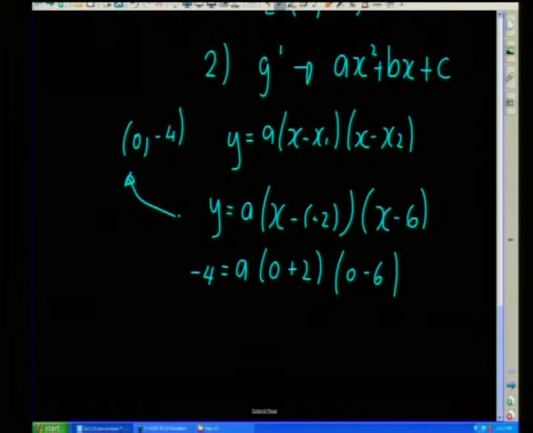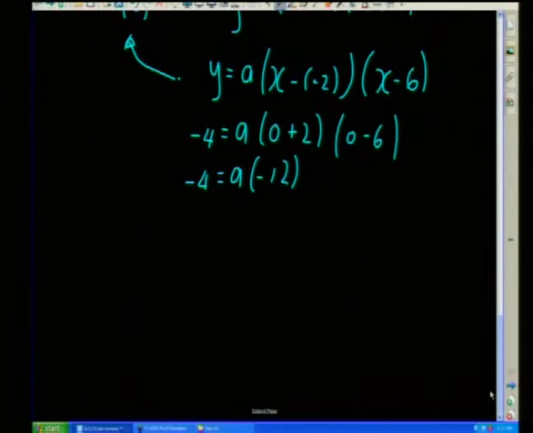Okay, so I'm going to get minus 4 is equal to a times 2 times minus 6, which is going to give me minus 12. All right, and then dividing both sides by minus 12, I will get that a is equal to a third.